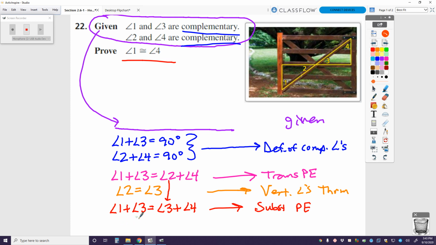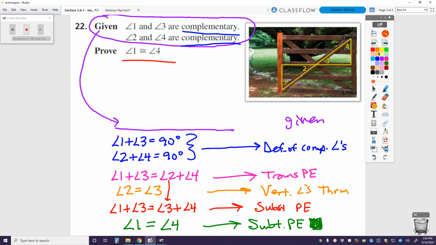So if we subtract angle 3 on the left side, we'll be left with angle 1. If we subtract angle 3 on the right side, we'll be left with angle 4. So using the subtraction property of equality, we now have that angle 1 is equal to angle 4. And to me, I'm good with just saying that's the same as saying that they're congruent to each other. And so there is the end of our proof.